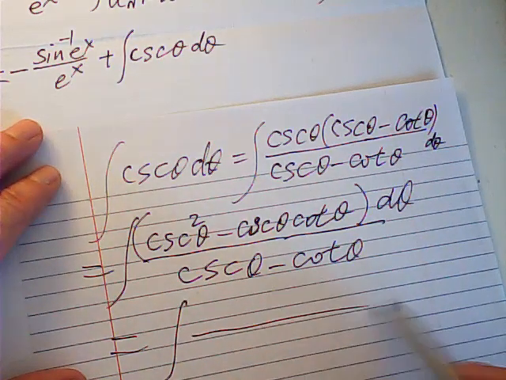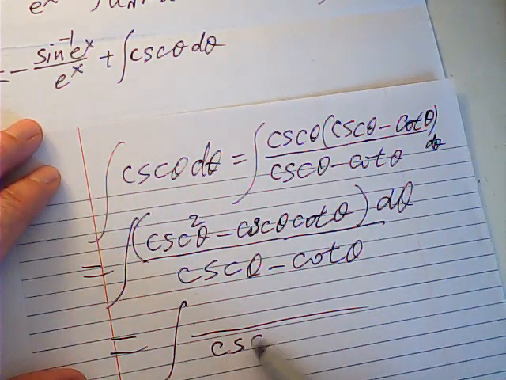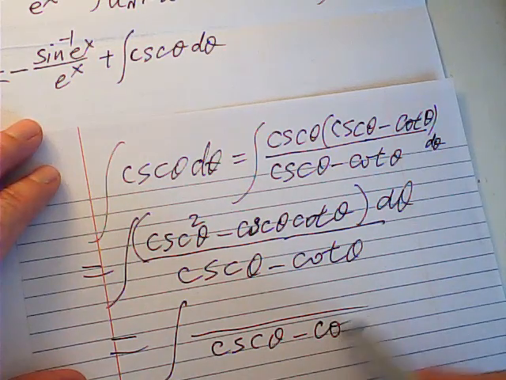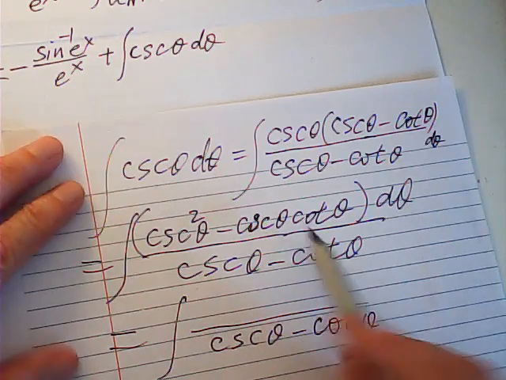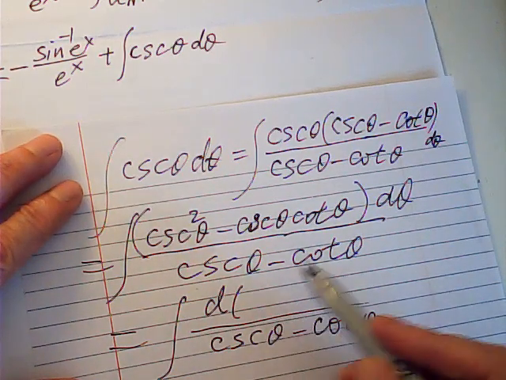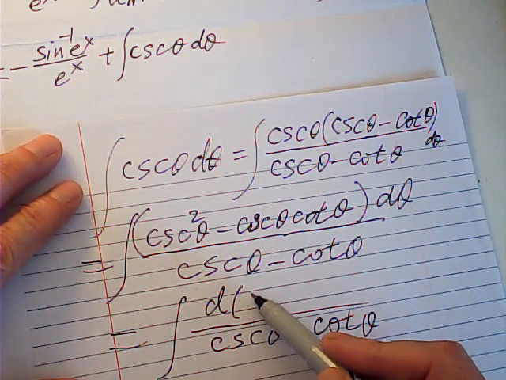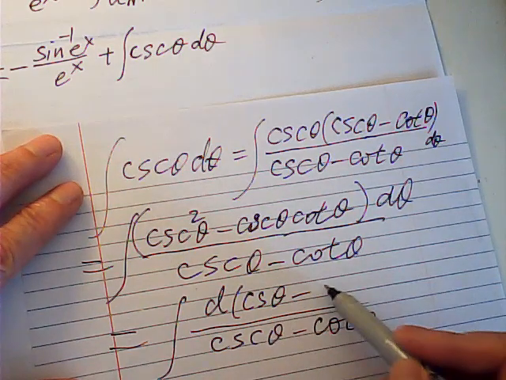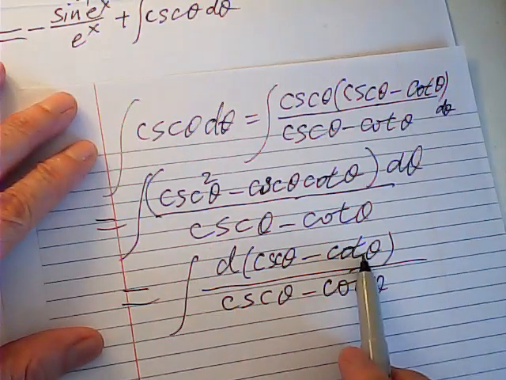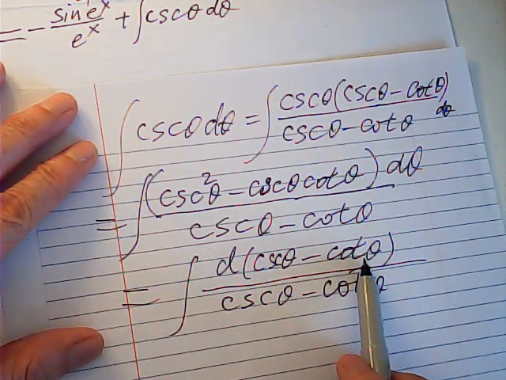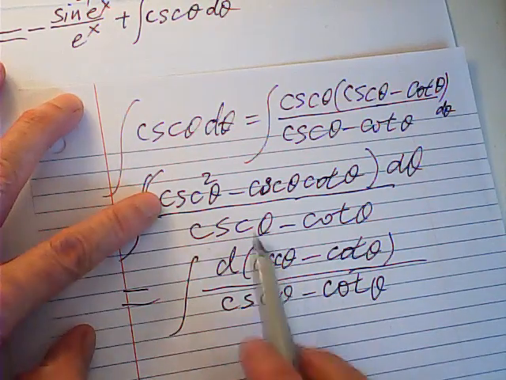And this denominator is this. The numerator is the derivative of cosecant minus cotangent theta. This derivative is this, right, after negative.